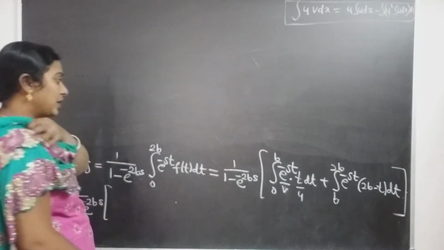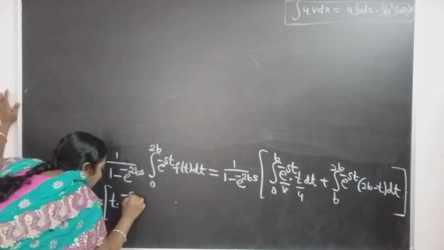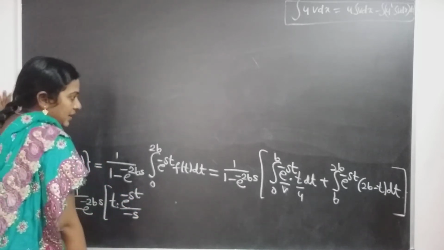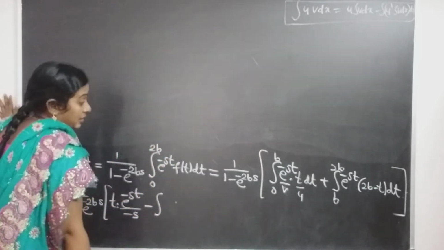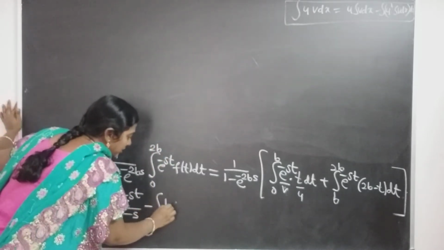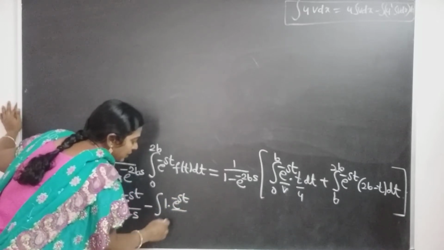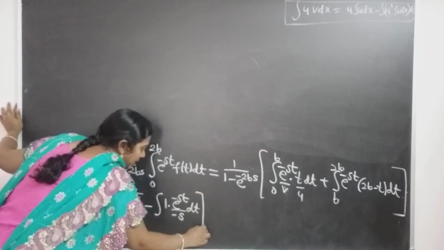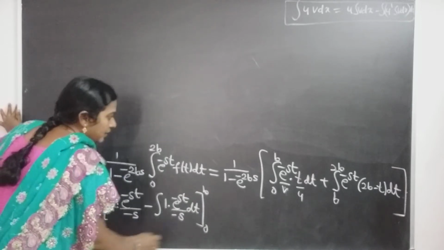Here, u is equal to t, into the integral of e power minus st, which is e power minus st by minus s, minus the integral of the derivative of t, which is 1, times the integral of e power minus st, which is e power minus st by minus s, dt, with limits from 0 to b.